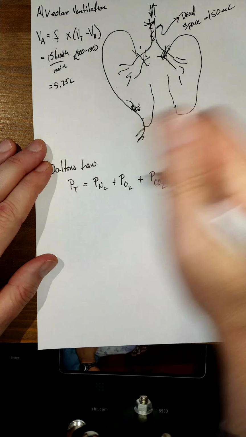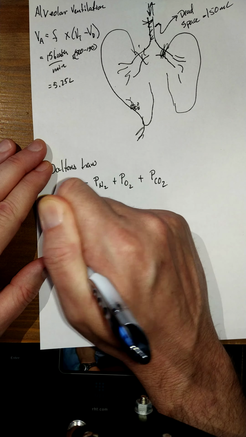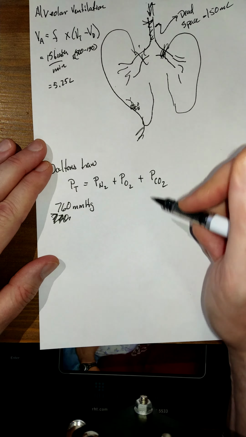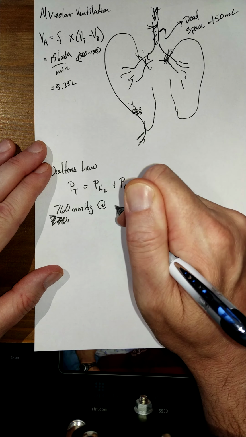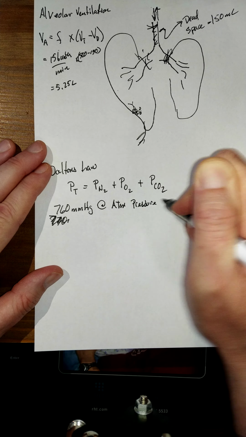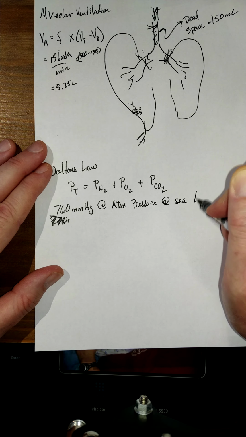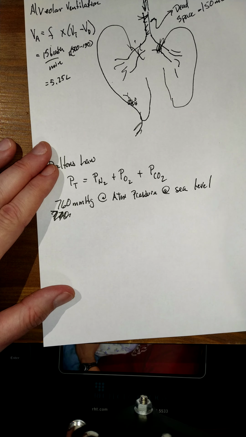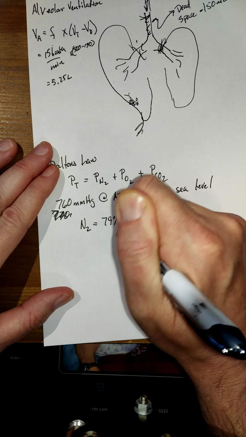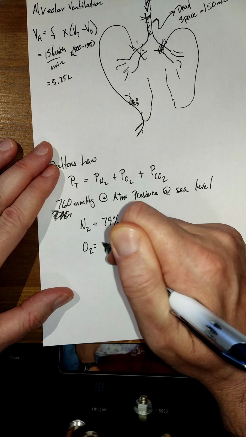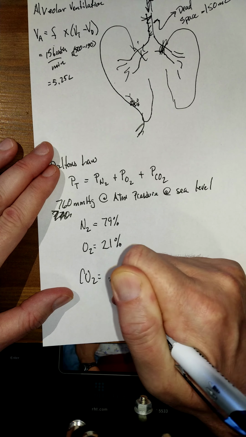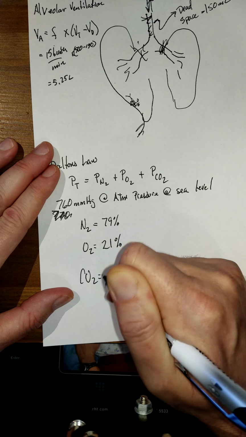And we know 760 millimeters of mercury is sea level atmospheric pressure. We also know that nitrogen accounts for 79% of our atmosphere, O2 21%, and CO2 equals 0.04%.